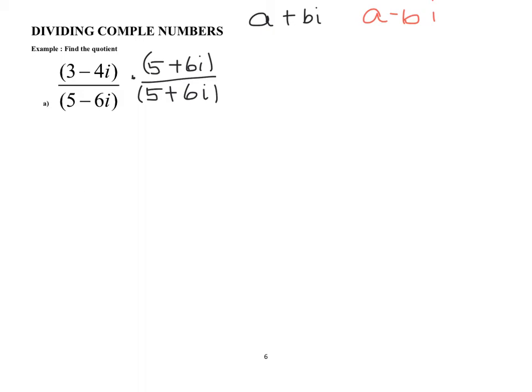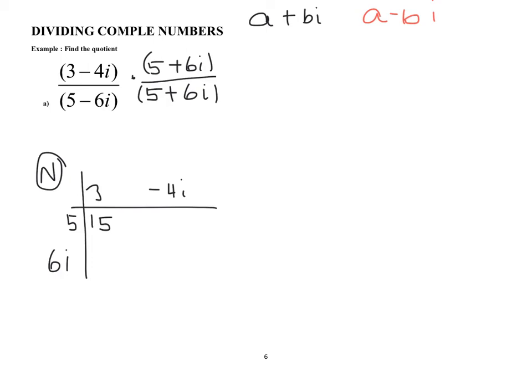So I'm doing the numerator here. So 3 minus 4i, and then here I'm going to do 5 and 6i. So this is 15, and this is 20i. So this is 18i, and this is negative 24i squared.